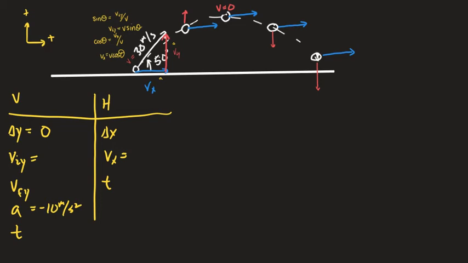And what's 30 sine 50? 23? You guys should keep lots more decimal places. I can't fit them in there. Go ahead. I got 19 for velocity.